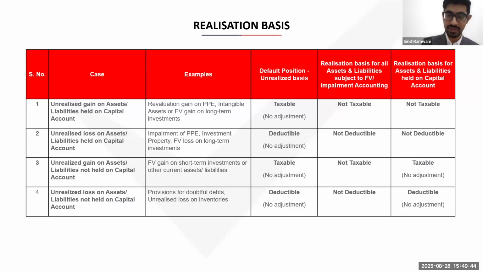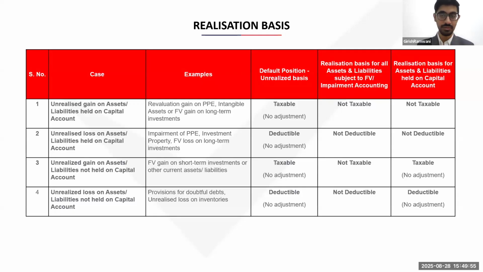So basically, with this example, now it would be clear what the options available are. One is the unrealization basis, and the other two are realization basis. Under realization basis, one is for all assets and liabilities, and one is for only your non-current assets and liabilities. So in the first year itself, the companies need to analyze what their business model is, what kind of gains or losses on unrealization basis generally accrue to them, and which option is going to be beneficial for them.